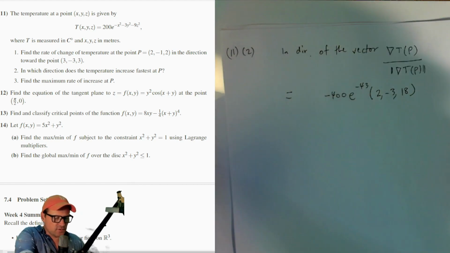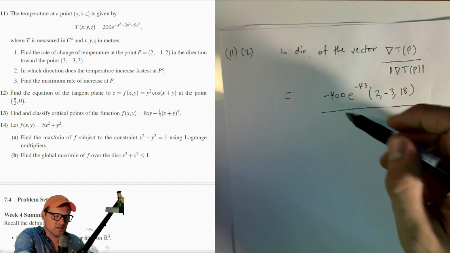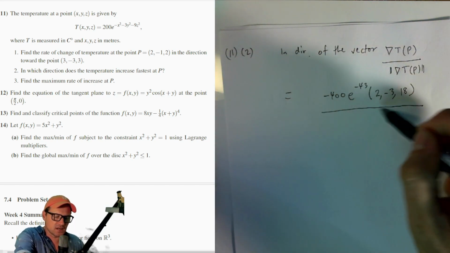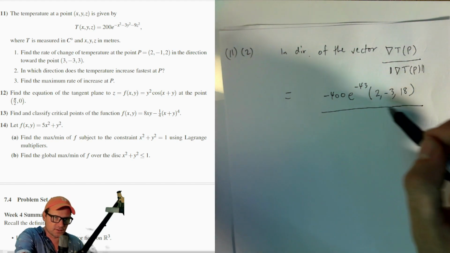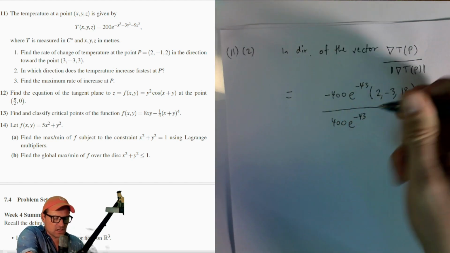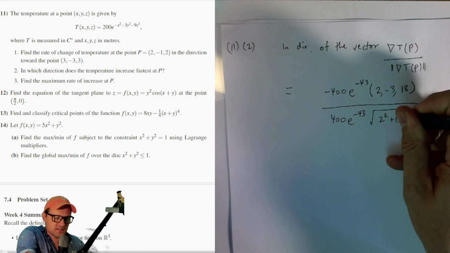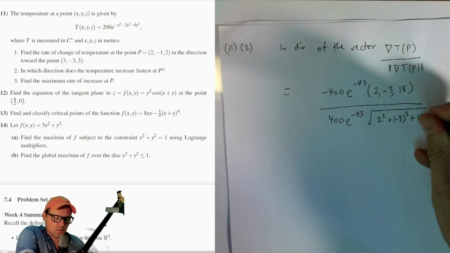Okay, and so we have to evaluate the norm of this vector also, and so that's going to be the absolute value of this times the norm of this vector right here. We have 400 e to the minus 43 times the square root of 2 squared plus minus 3 squared plus 18 squared.